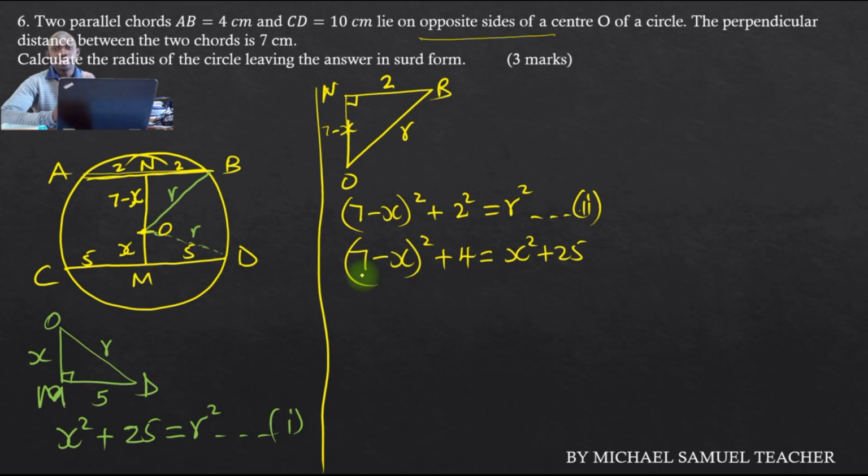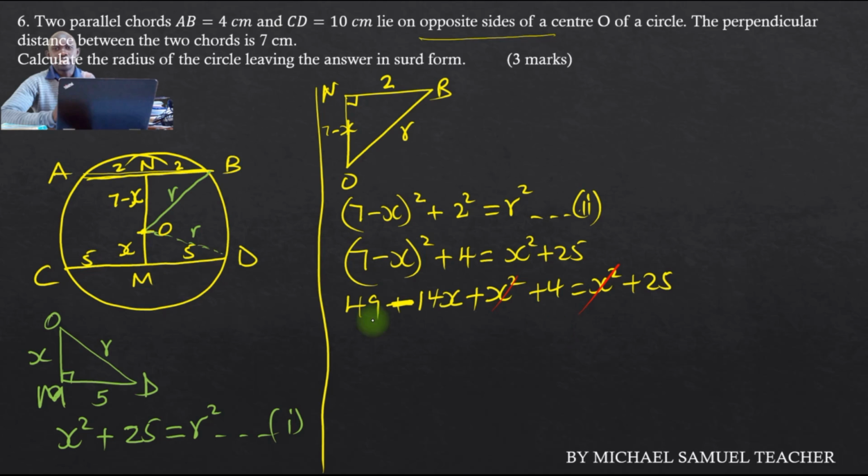We expand 7 minus x: this will be 49 minus 14x plus x squared using the quadratic identity, then plus 4 is equal to x squared plus 25. So x squared will be eliminated on both sides.